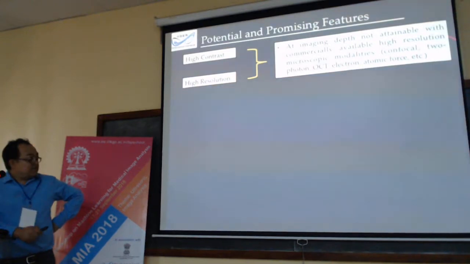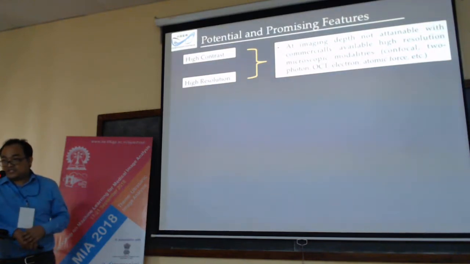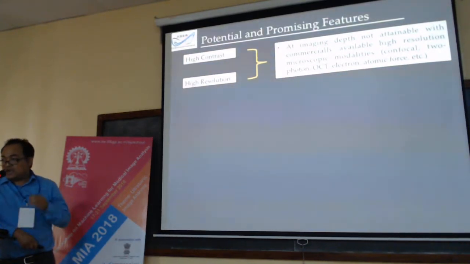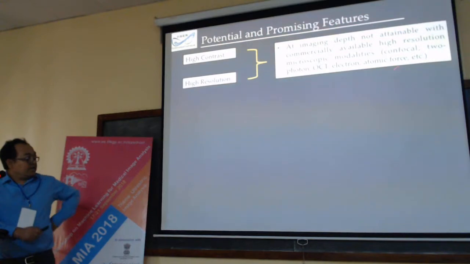People know these are the gold standards of microscopy imaging, giving very high resolutions on the order of nanometers and angstroms. However, the limitation is that it is for superficial imaging.